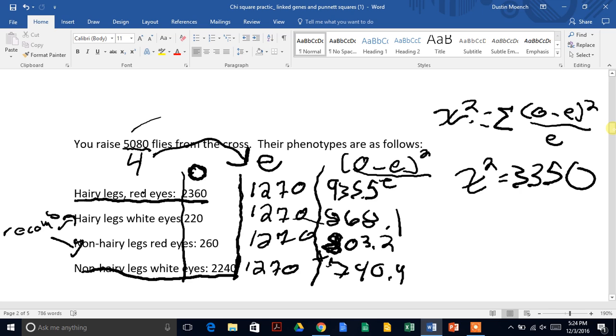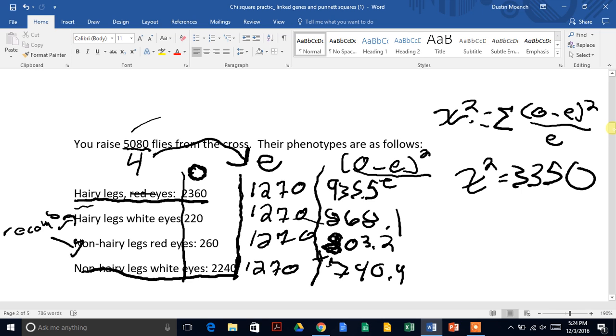If it was linked with no crossover, we would expect half of them to be this phenotype, half of them to be this phenotype, and none to be this phenotype. Why? Because the ones that are the least common in our offspring are most likely our recombinants, where the crossing over happened.